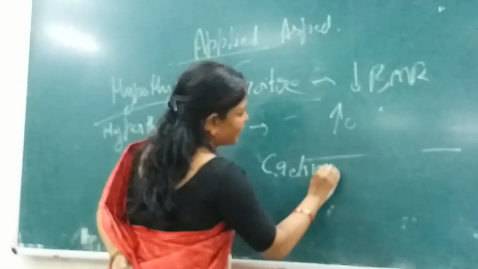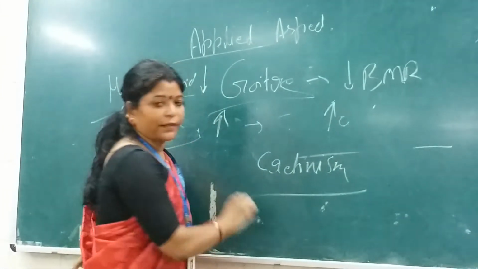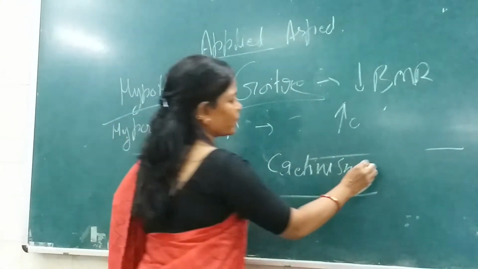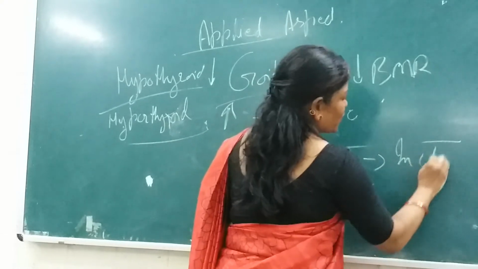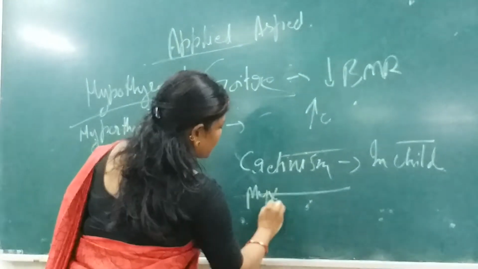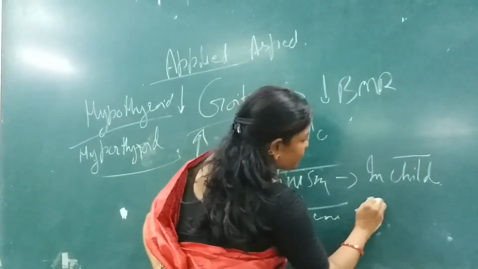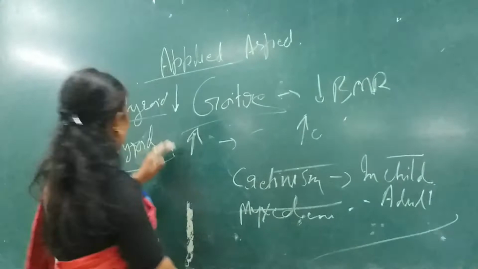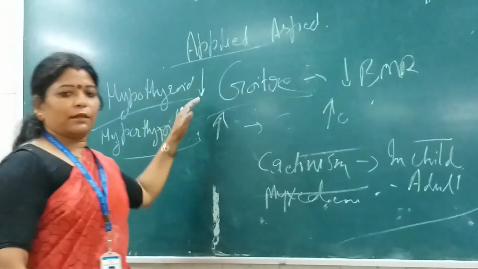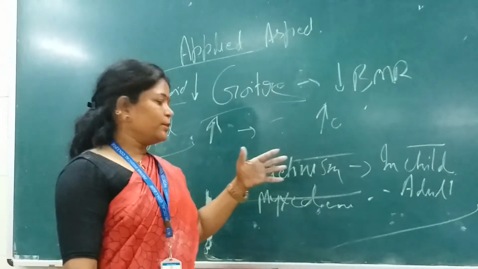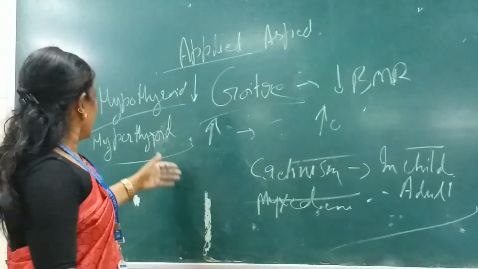You will read this in detail in the pediatric department. So hypothyroid in children is known as cretinism, and myxedema in the adult. In the hypothyroid, there are obesity, sleepiness, constipation, bradycardia.